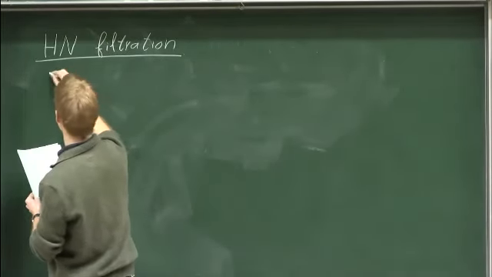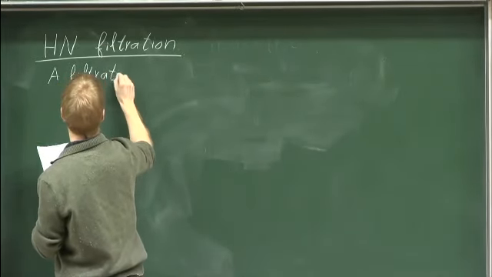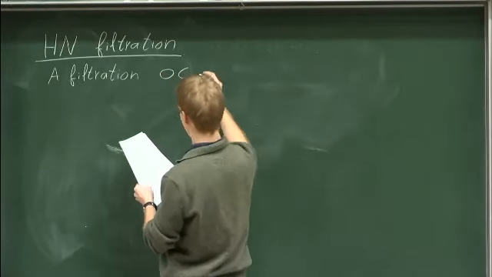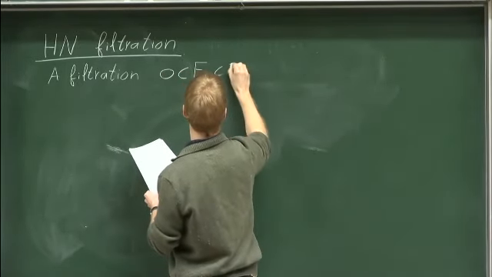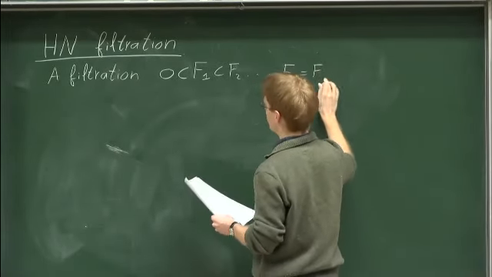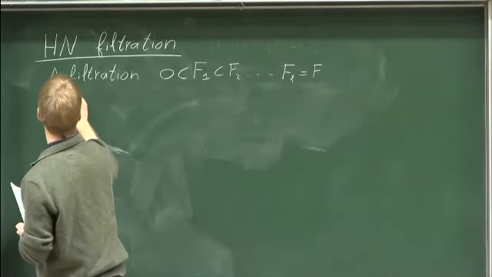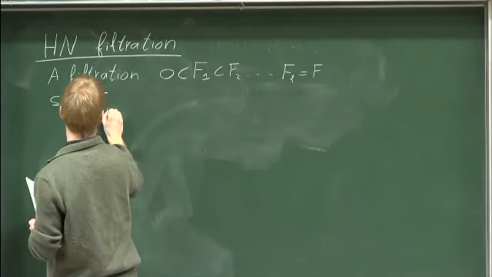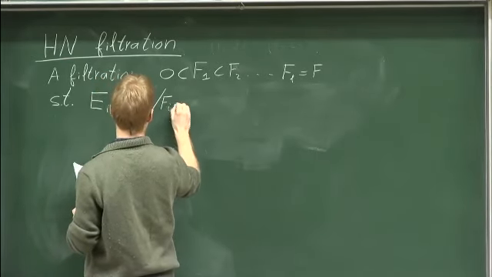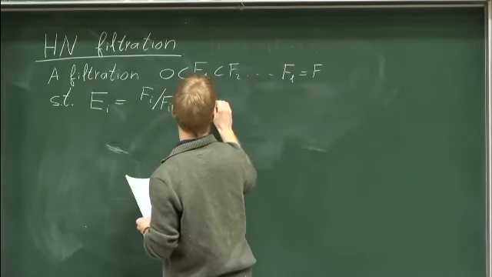So the definition is that this is a filtration which starts with just 0 and then F1 in F2 all the way to FL equal to F, so it is a filtration of F, and it is such that the quotients Ei, which are defined by Fi quotiented by Fi minus 1, are semi-stable.